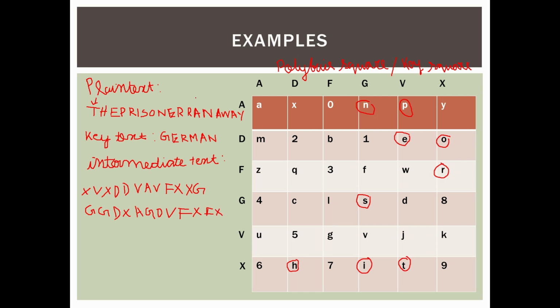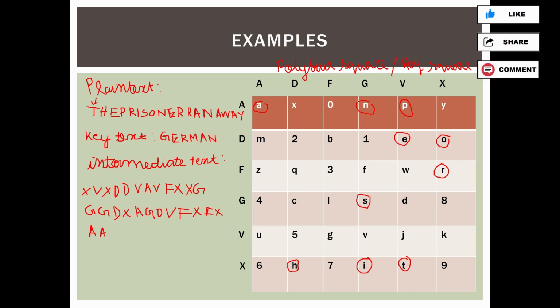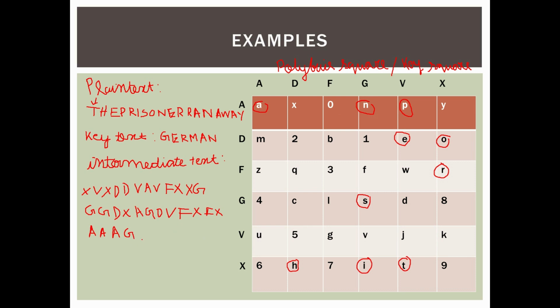And then we have A. For A we have double A. And then we have N. For N we have A and G. And then we have A. For A we have double A.